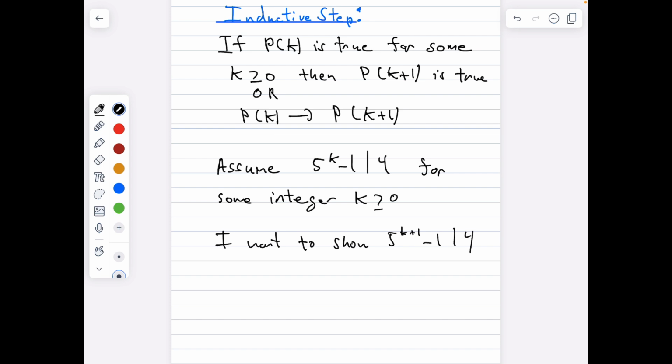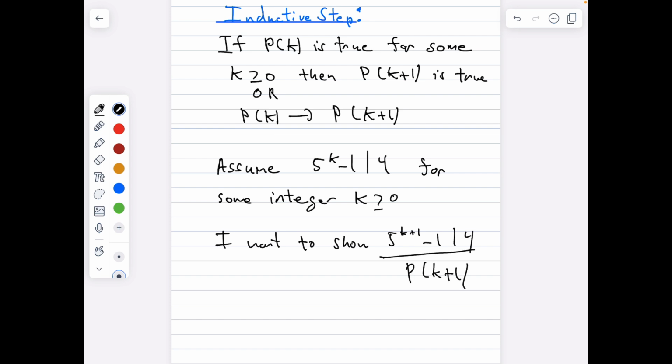So the way this works in the inductive step, you're going to assume that your statement holds for some integer k greater than or equal to 0. So I'm assuming 5^k − 1 is divisible by 4 for some integer k greater than or equal to 0. What I need to show is that the statement 5^(k+1) − 1 is divisible by 4. So that's what we mean by P(k+1).